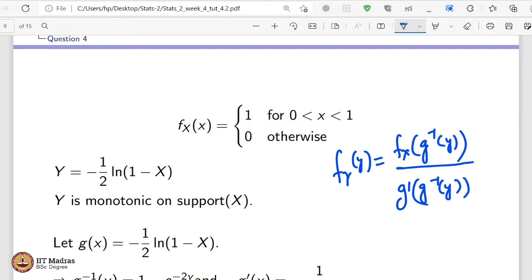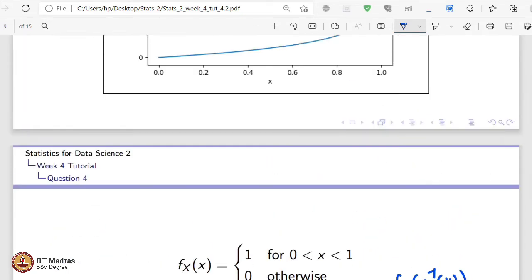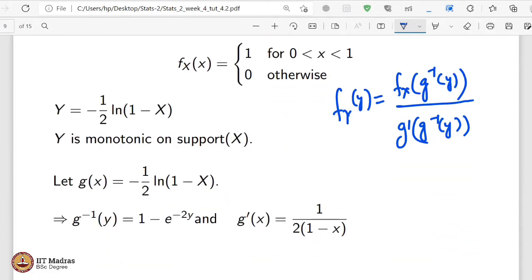Okay, this is the formula we have to use. So we already know the fx is defined from 0 to 1, and the value is 1 here, and y is this one. So we can calculate directly.